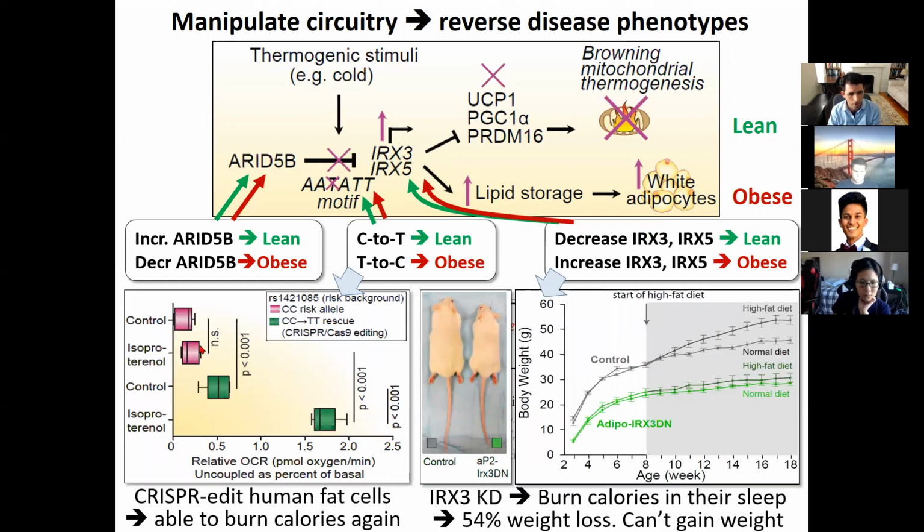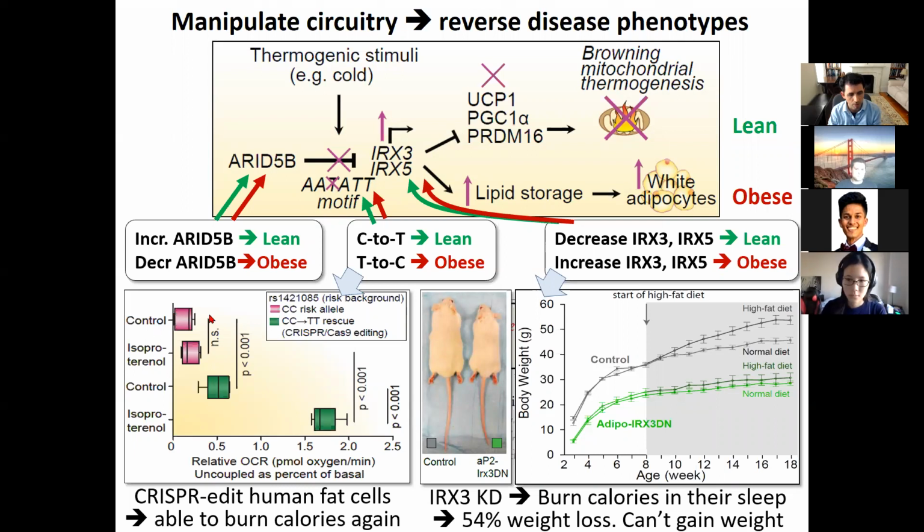For example, changing a single nucleotide out of 3.2 billion nucleotides of the human genome was able to restore the process of thermogenesis, the process of burning calories by depolarizing the mitochondrial membrane inside your beige adipocytes, by restoring the motif that is AT-rich and is lost in the risk allele carriers.